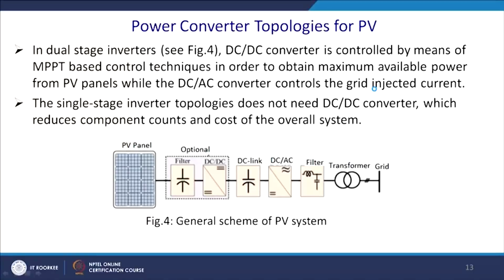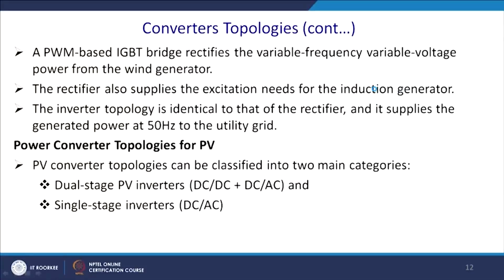So, this is the PWM technique it will be using in the converter topologies. With a PWM based IGBT bridge rectifier, the variable frequency, variable voltage power from the wind generation is used.